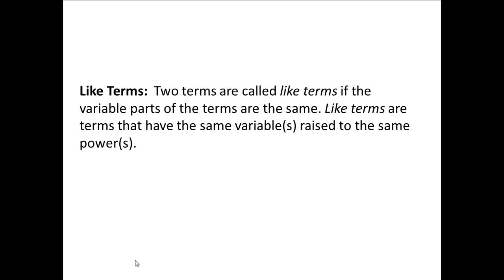Here we have a definition. Two terms are called like terms if the variable parts of the terms are the same. Like terms are terms that have all of the same variables, each raised to the same power.